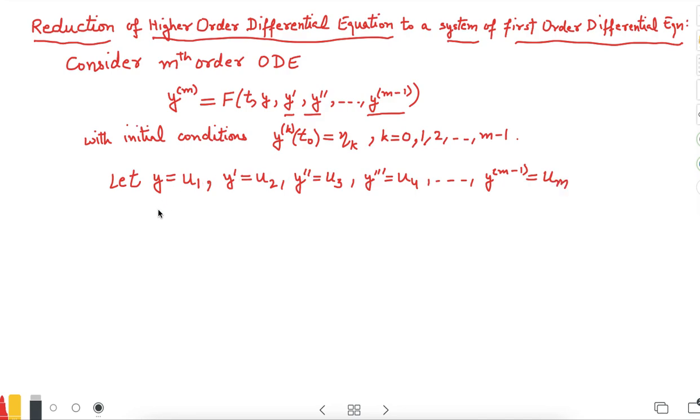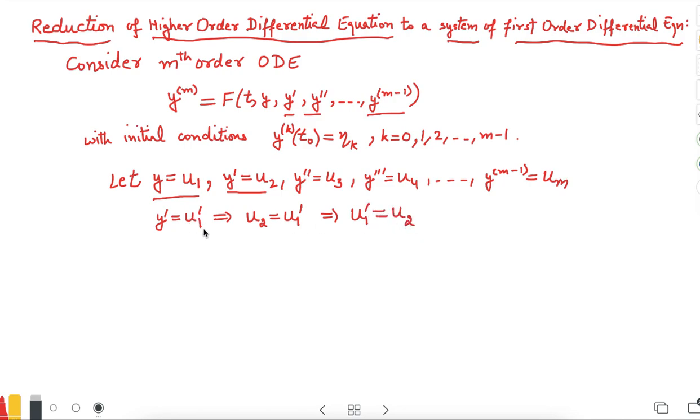By this consideration, it is easy to see that if I differentiate this equation one time with respect to the independent variable, then I can calculate y dash as u1 dash, and because of the second equation, y dash is u2, so I can rewrite that u1 dash is u2, or simply the first derivative of u1 is u2.